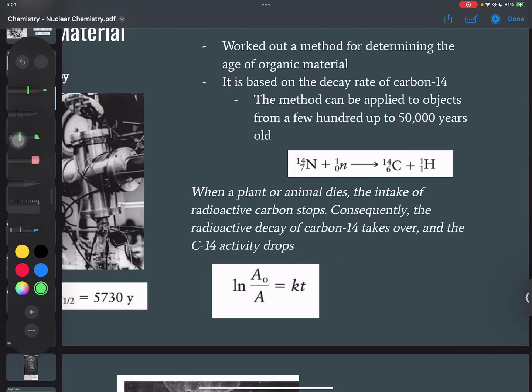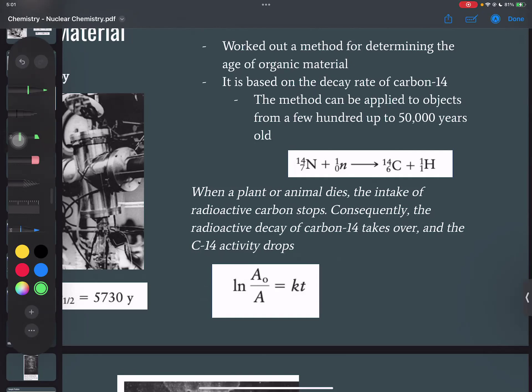It has the same activity, so it takes 15.3 atoms per minute. So do the animals that eat these plants, and even human beings. When a plant or animal dies, it stops taking in carbon, or radioactive carbon. They no longer inhale, they no longer eat.